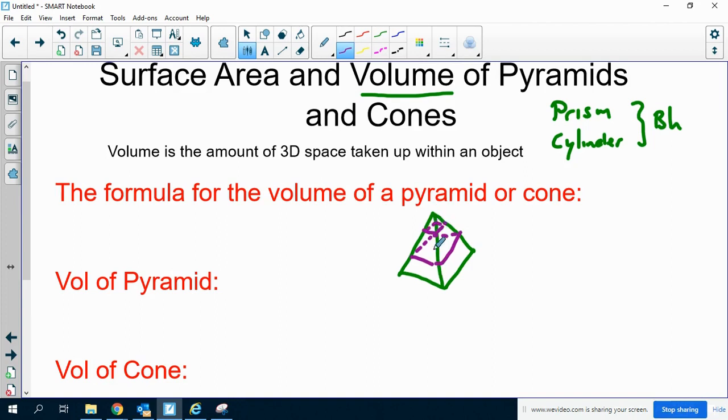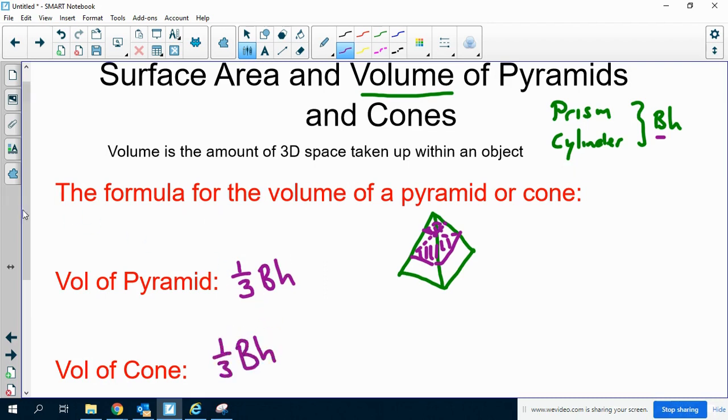So the further I go up, the smaller the shape gets. And that's pretty clear that I can't just do area of the base times the height, because the area of whatever the shape the base is getting smaller and smaller as we go up. So the volume formula for a pyramid and a cone is 1/3 area of the base times the height.